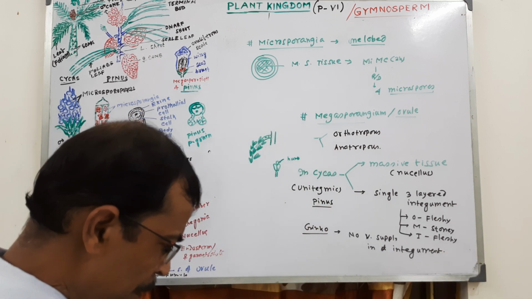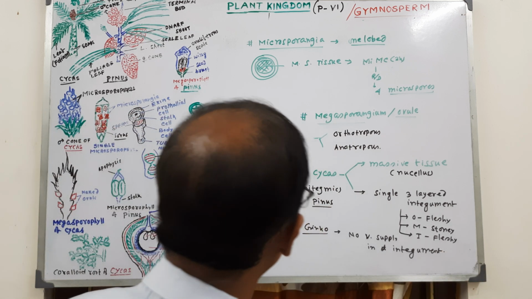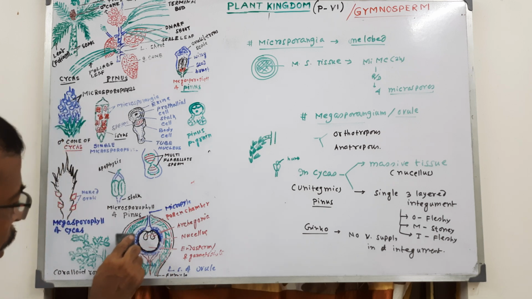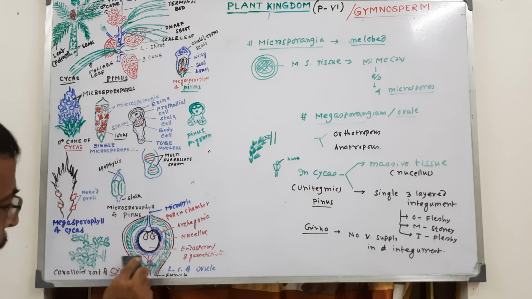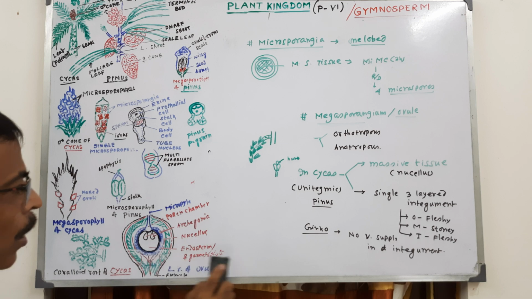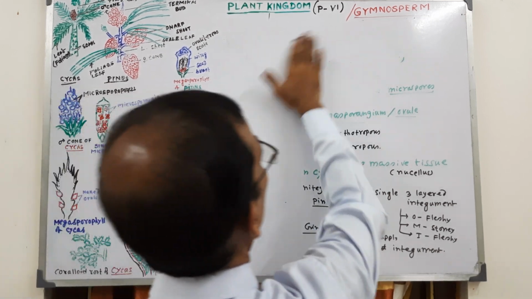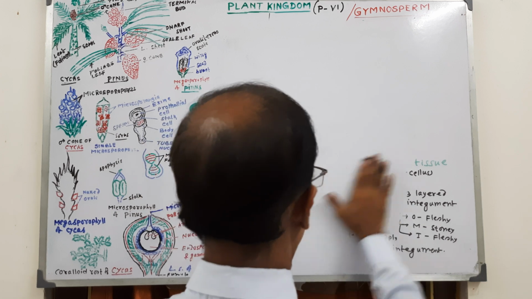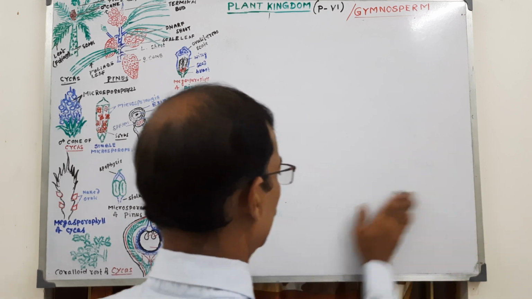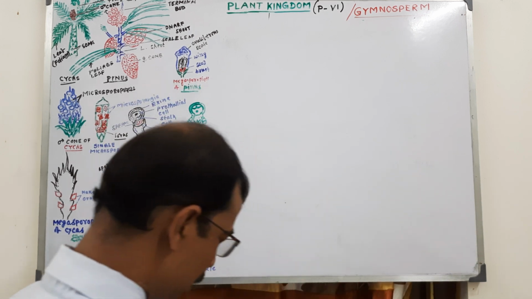In case of the nucellus, look here, the nucellus is fused at the lower part with the integument, but the upper part in most cases forms a beak-like structure called the nucellar beak.